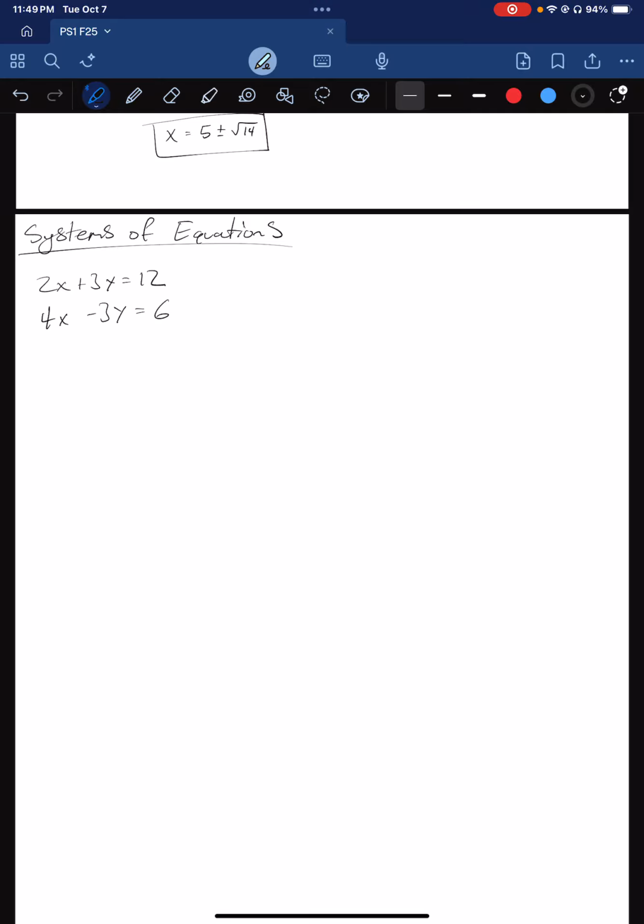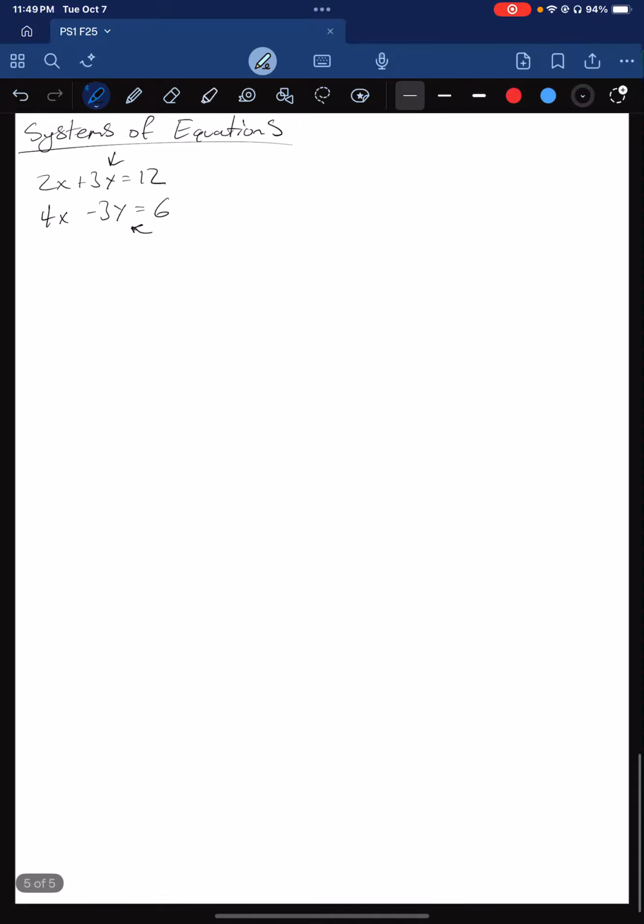This, totally not chosen beforehand, beautiful system of equations looks perfect for elimination. Why does it look perfect for elimination? Because we have a positive 3y here and a negative 3y here. And so I know when we add those, 3y minus 3y is 0. And so that's going to cancel out nicely and lead us to solving this problem very quickly and efficiently.